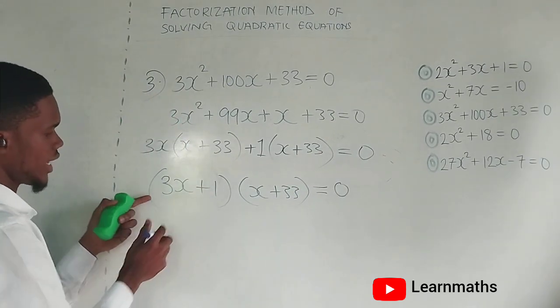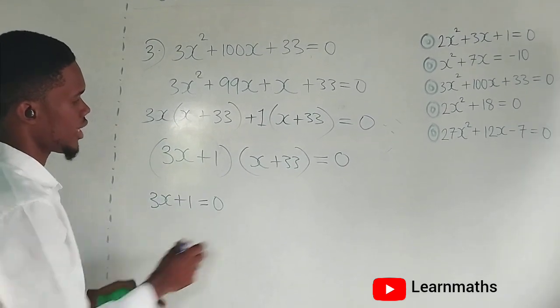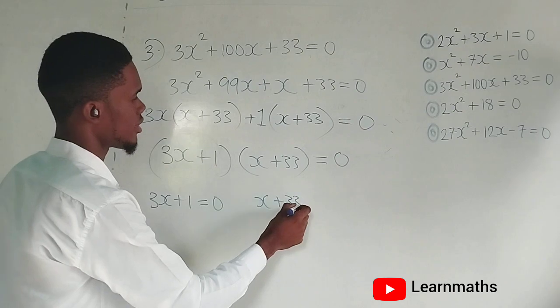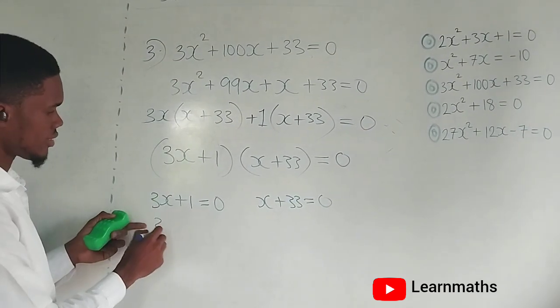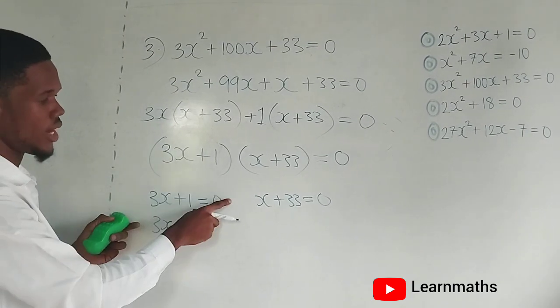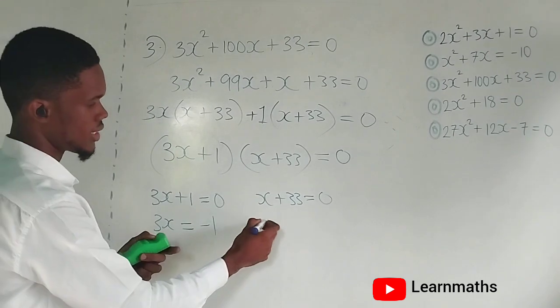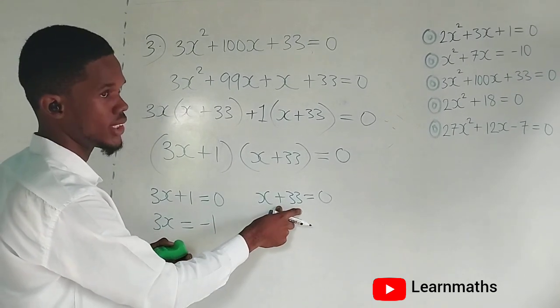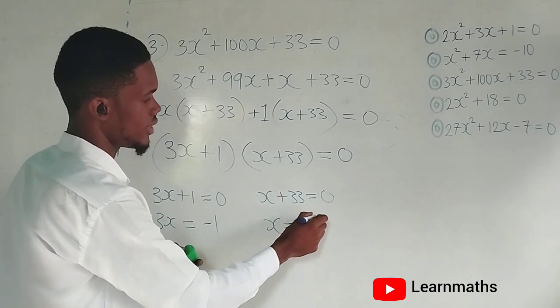Now this first bracket, we have that 3x plus 1 is equal to 0 and x plus 33 equal to 0. So this is going to be 3x equal to, if you send this positive 1 over the equal to sign, it becomes negative 1. For this other side, if you send positive 33 over the equal sign, it becomes negative 33.